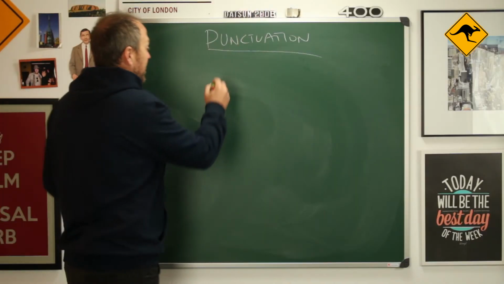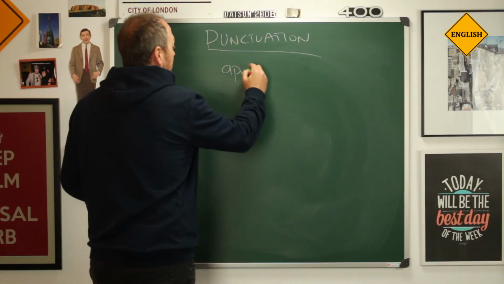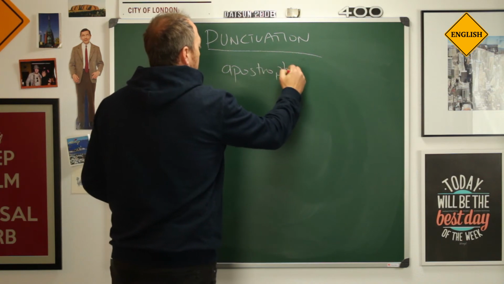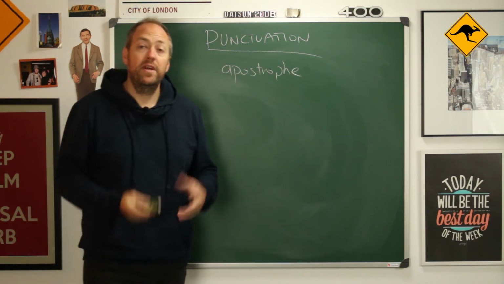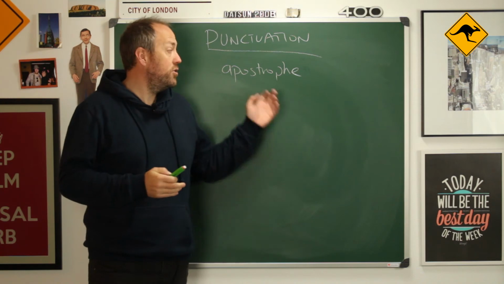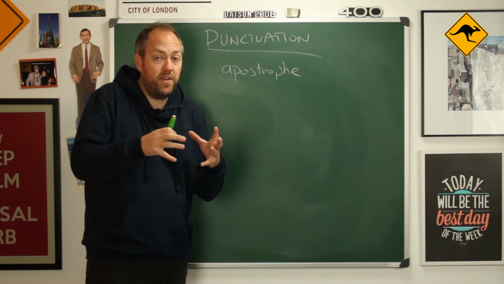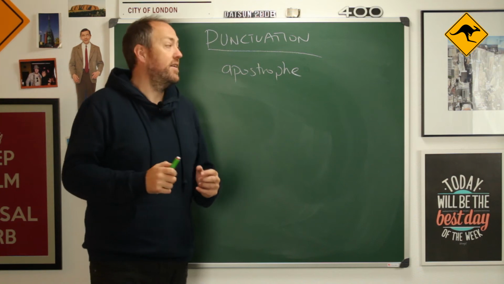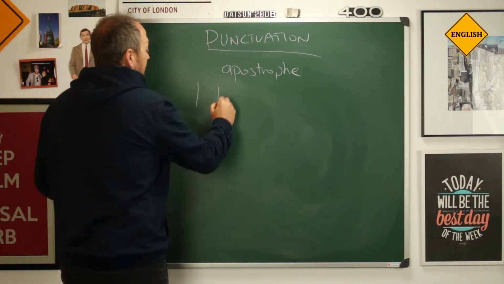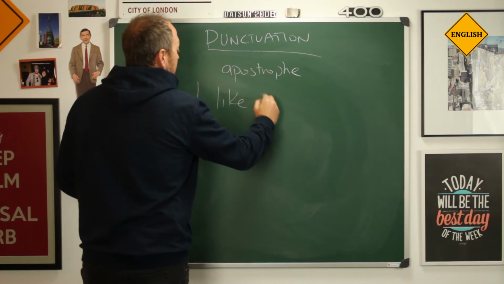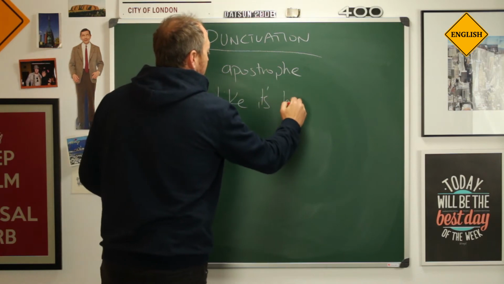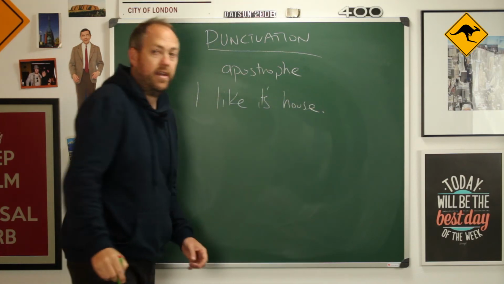The next punctuation mark, the apostrophe. So it's very important in the exam that you use the apostrophe correctly. Don't confuse the possessive apostrophe with the contraction apostrophe, okay? Like, for example, I like its house, okay?